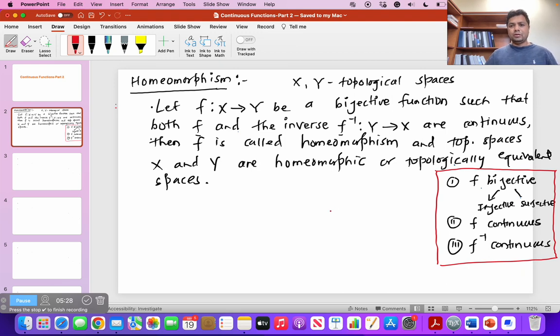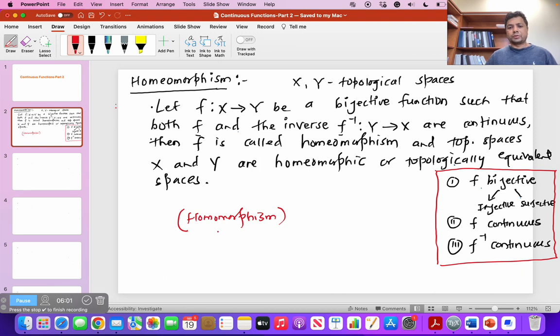Okay, now next I'm going to give you some examples of homeomorphism. But before that, let me mention one thing. You have learned about homomorphism in linear algebra and abstract algebra, and also in proof classes.